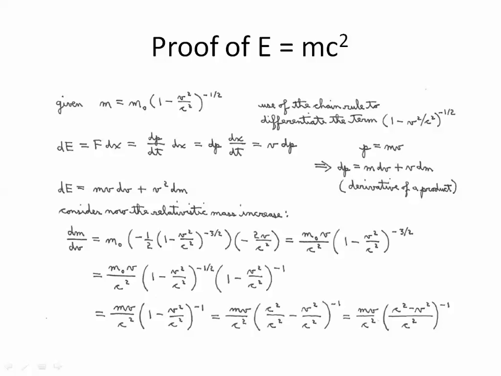Substituting into the expression dE equals v dp gives us dE equals mv dv plus v squared dm. We will use this result later in the last slide.